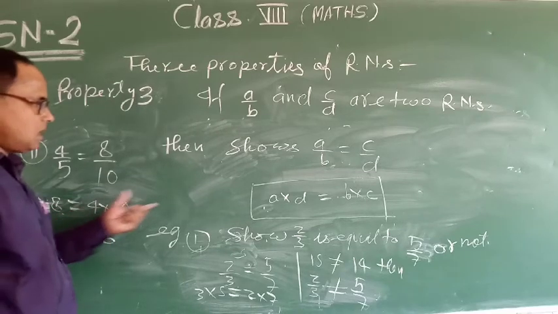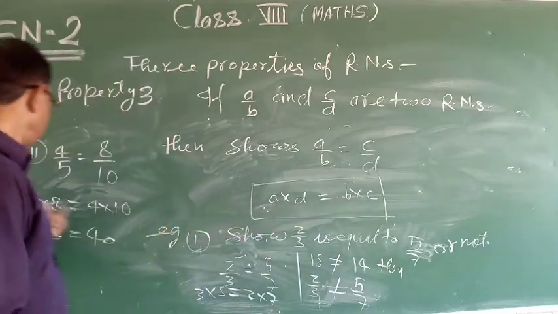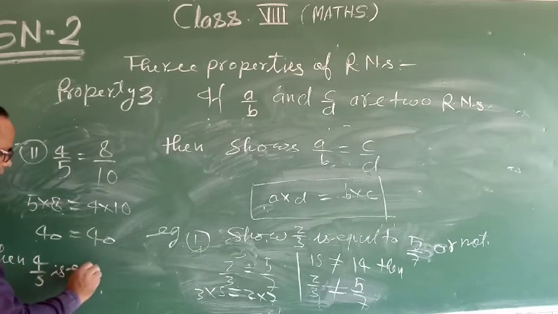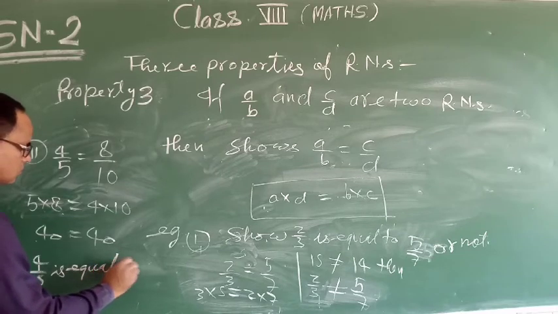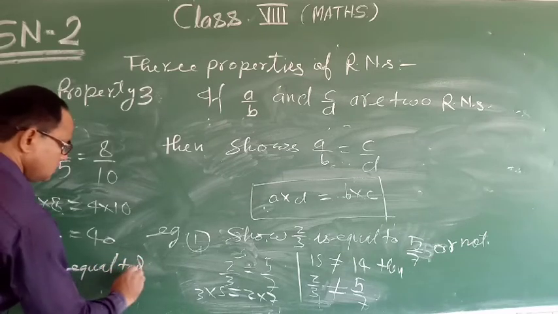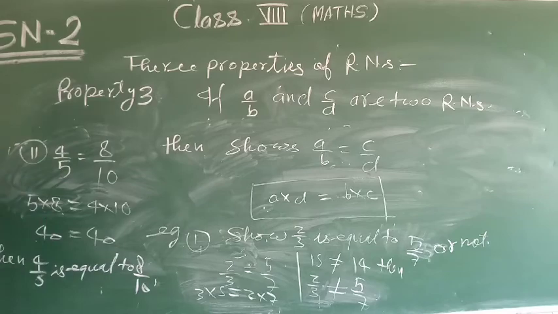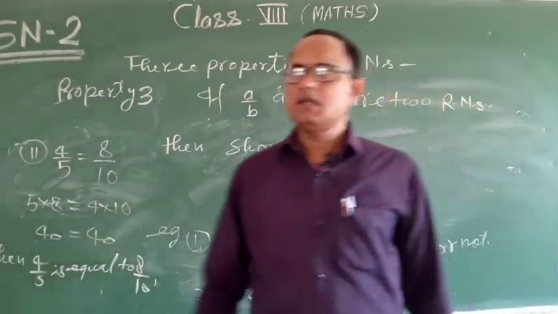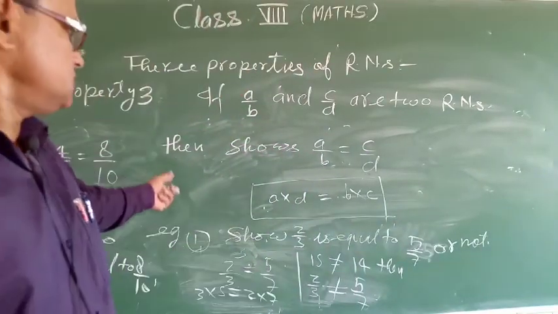Then this rule is followed. Then 4 by 5 is equal to 8 by 10. Okay students, these types of questions you can solve on this basis.